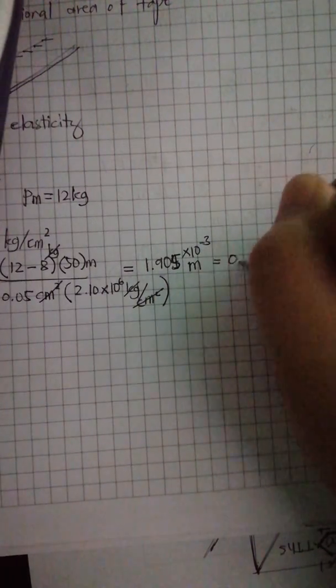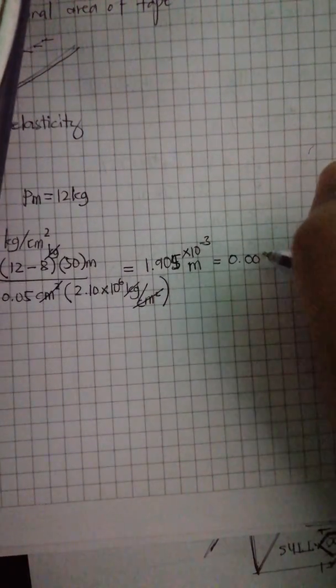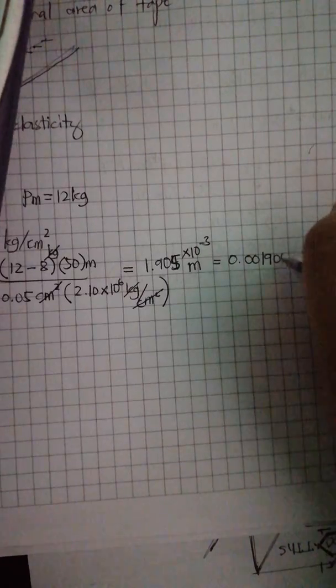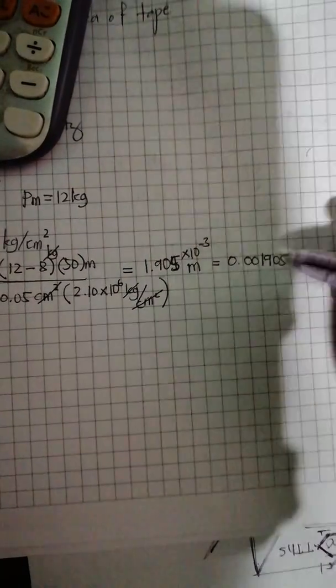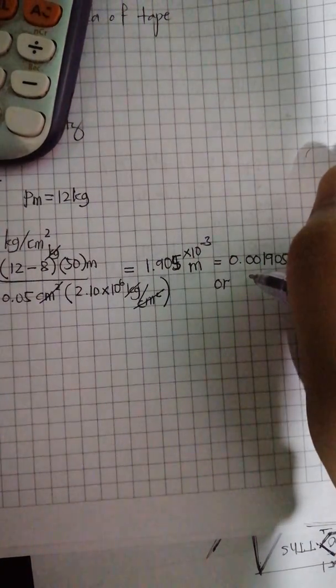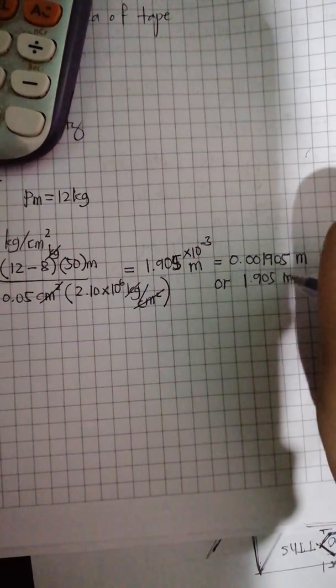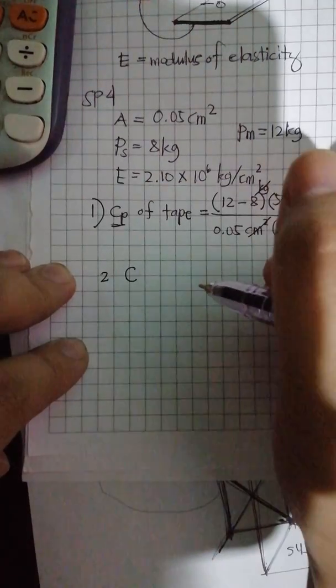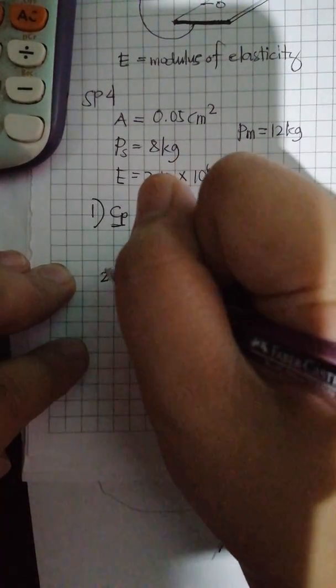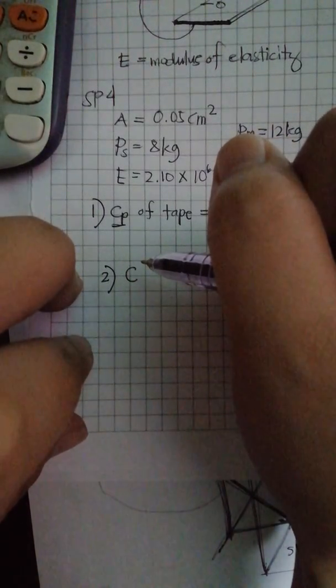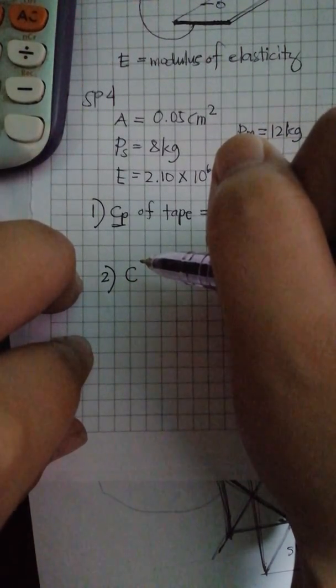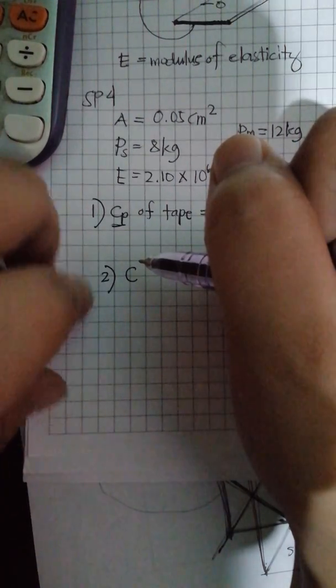So, this means 0.001905 meters, or 1.905 mm. Okay, so that is the correction of the tape. Correction of the measured length. Okay. The actual length of a line was measured to be 403.17 meters with 12 kilogram pull applied.